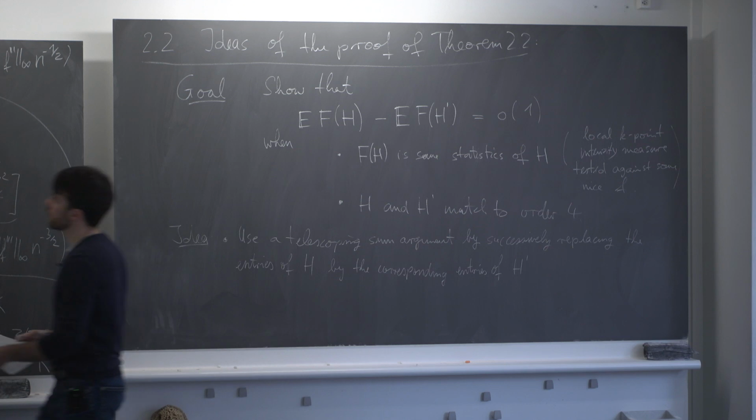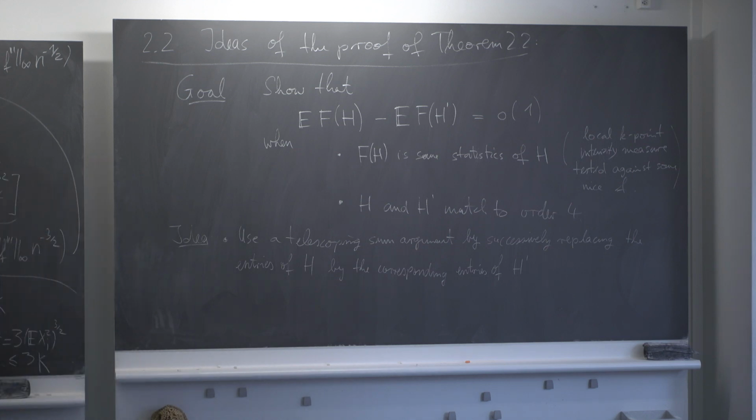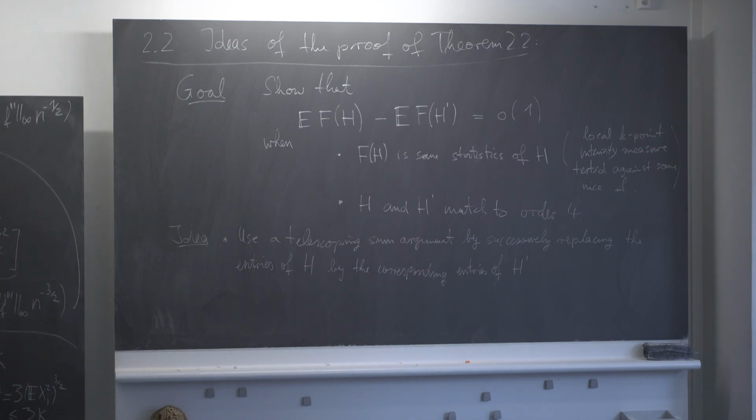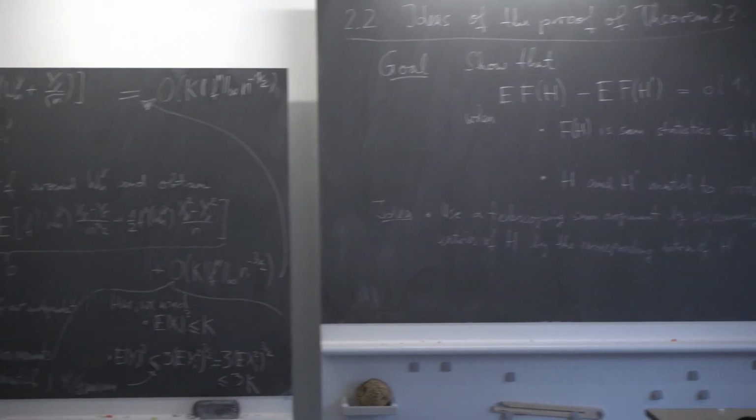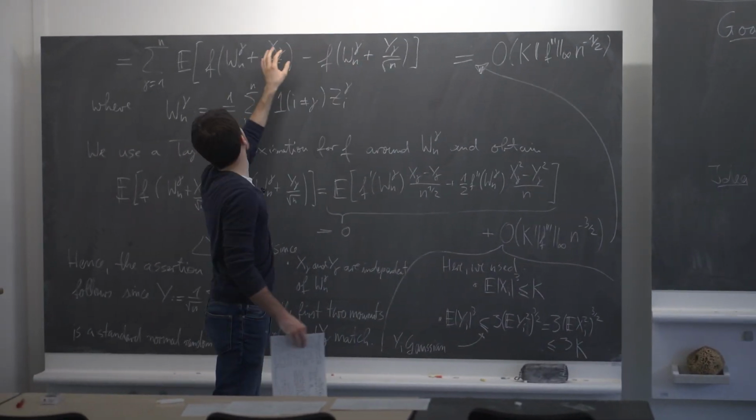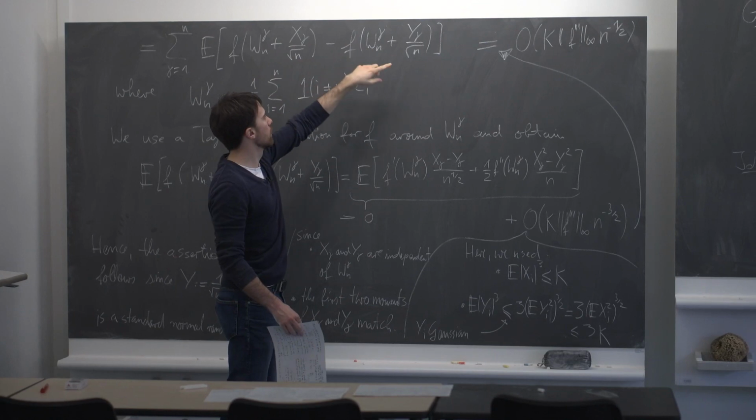So that's the same as what we did here. If you see this in this telescopic sum here, one by one you replaced all of the x's by y's, and in each summand you had one more.